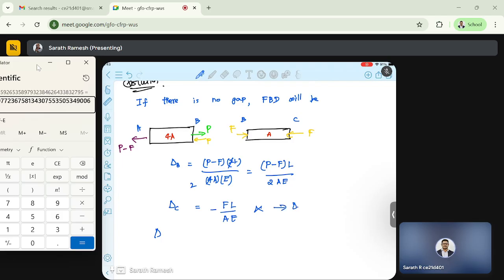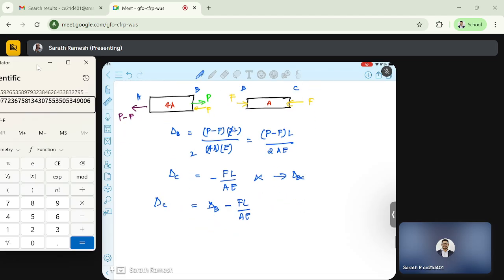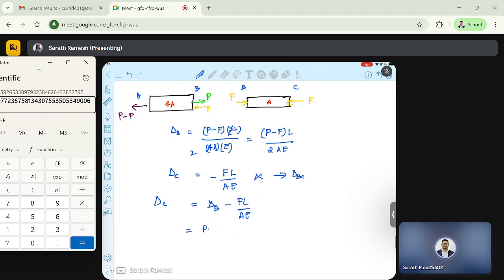This is delta BC. Now I want delta C. So delta BC is delta C minus delta B, so delta C is delta B plus whatever it is, so minus FL by AE. So this is equal to P minus F times L by 2AE minus FL by AE.